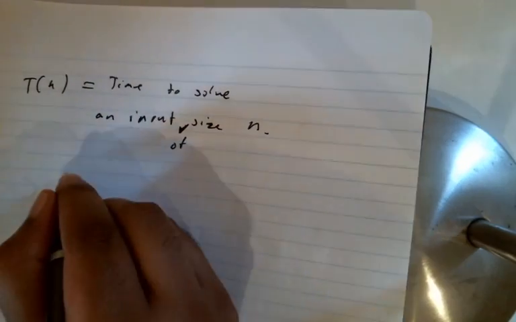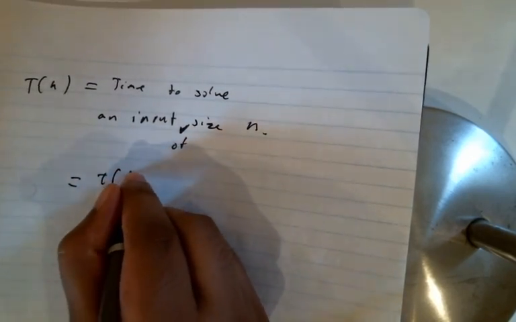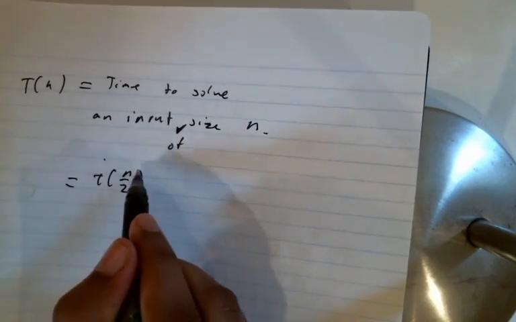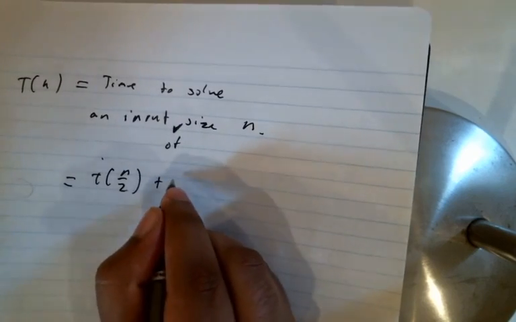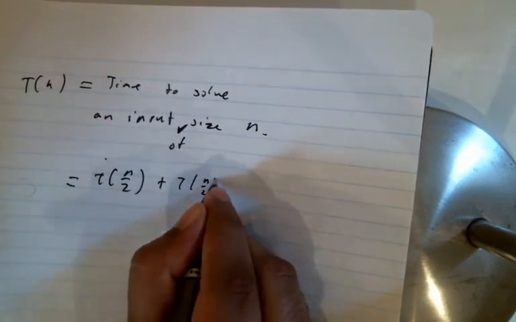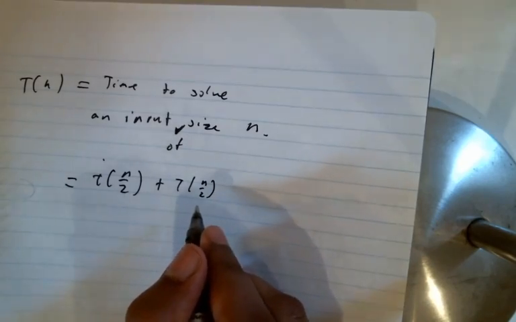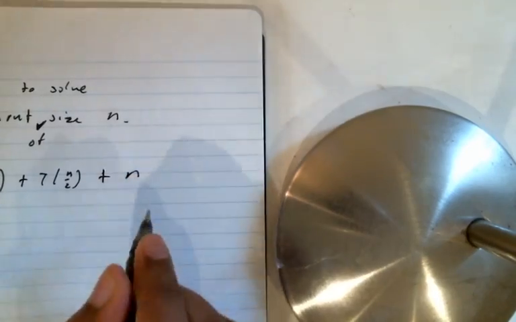The idea is that we have to solve the left half, which takes T of n divided by 2 time, because it's the time to solve a problem of size n over 2, plus T of n over 2, which is the time to solve the right half, also of size n divided by 2, plus n.